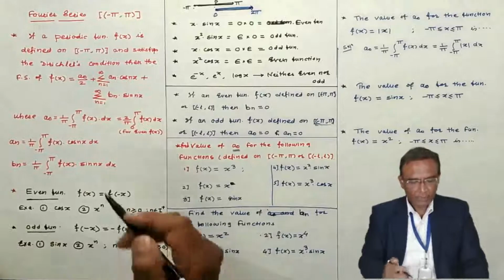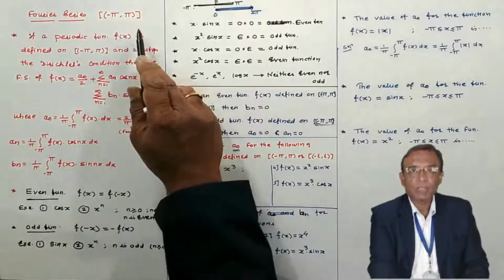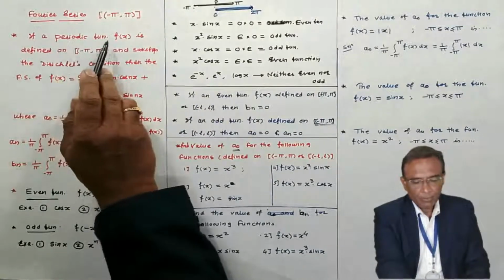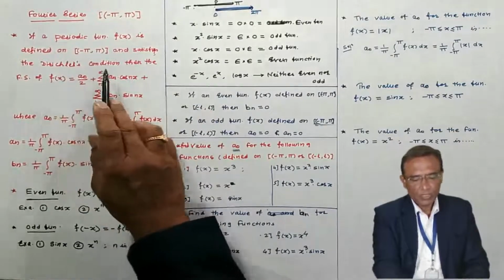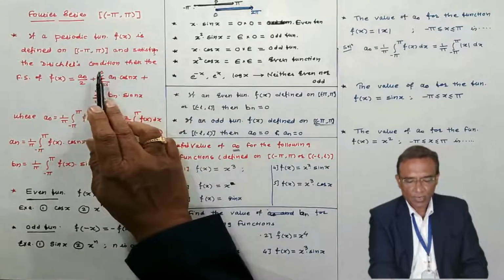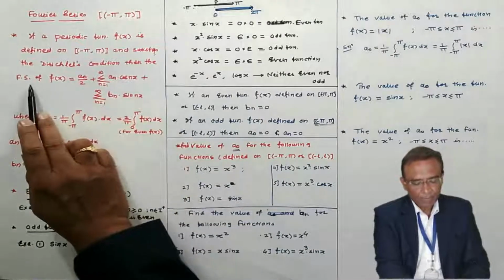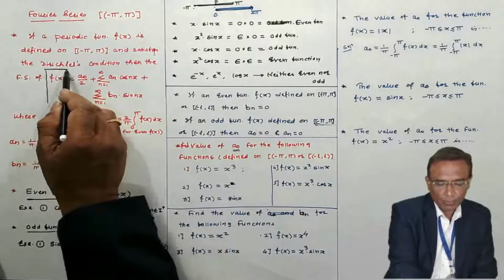But here very quickly, the formula is same, only the limits are different. See, if the periodic function f(x) is defined on minus pi to pi and satisfies the Dirichlet conditions, okay, that is very important because the function should satisfy all Dirichlet conditions, then the Fourier series formula is same as that of 0 to 2 pi.